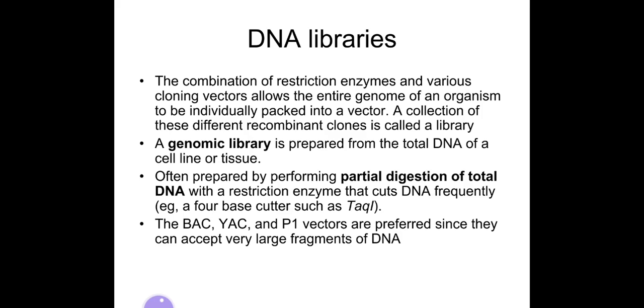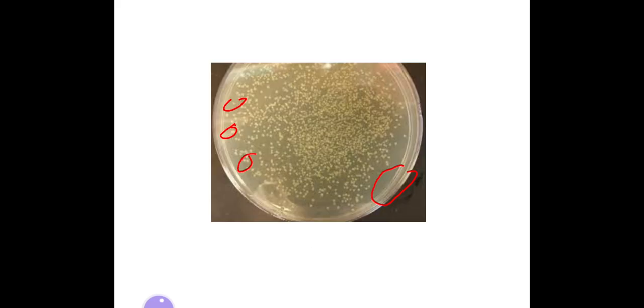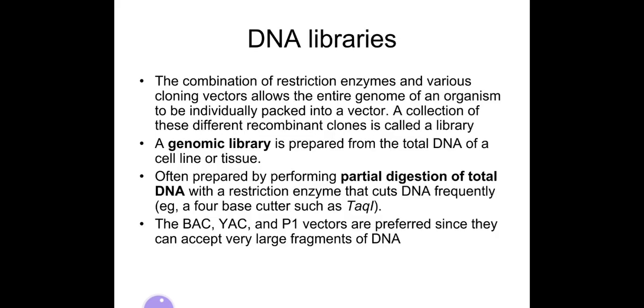Then these bacterial cells are grown, and we have the genomic DNA library, a collection of cloned fragments. A genomic DNA library is prepared from the total DNA of cell lines or tissues. We take the total DNA, use the restriction enzyme, ligate into the vectors, transform into the bacteria and get the growth.